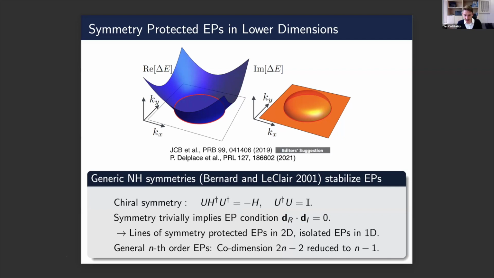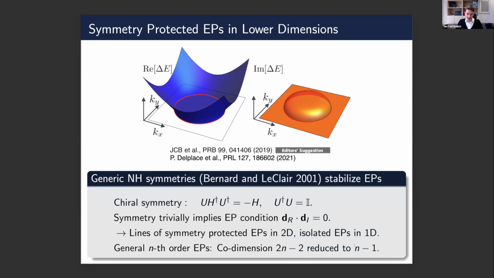So n here is the degree of the degeneracy. I've discussed twofold degeneracy, n equals 2, so far. And without symmetries, this was 2 times 2 minus 2, so 2. And it was reduced to 2 minus 1, so to 1 dimension, if I have this chiral symmetry. But in general, you see that it's not reduced by 1, it's actually cut in half.